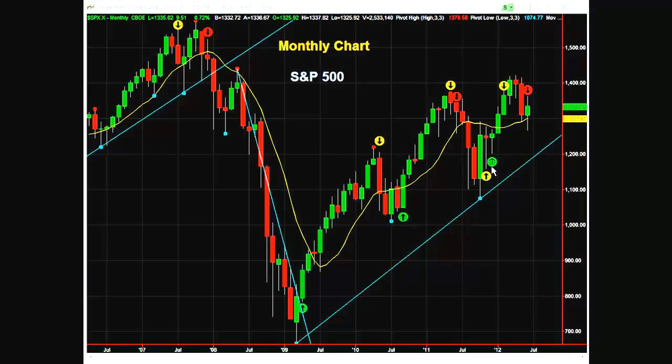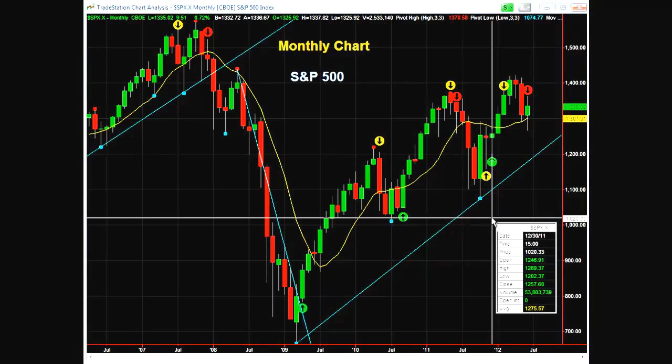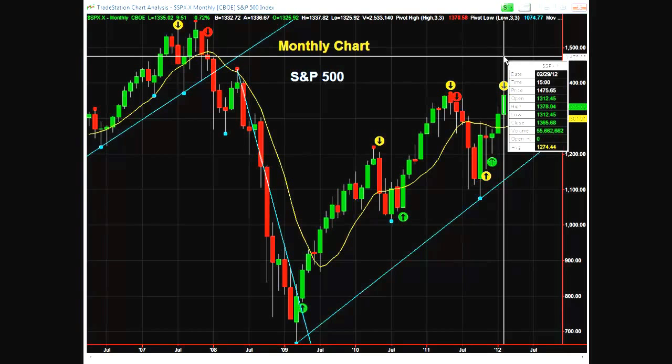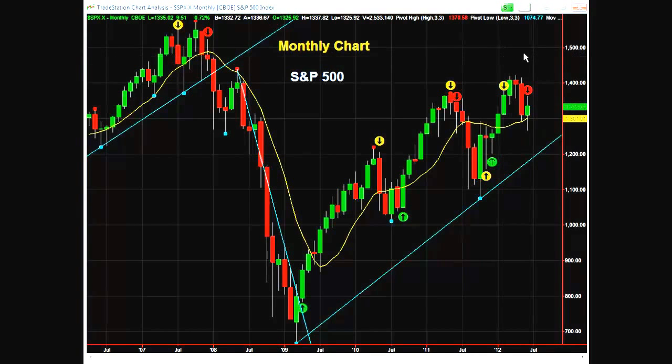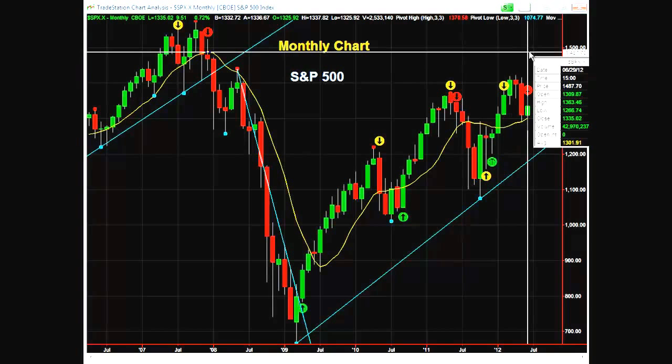Prior to that, we were in an uptrend signaled by that green arrow, which came at the end of December 2011. Then the cycle model went neutral at the end of February 2012, and it's just gone into a macro downtrend this week.